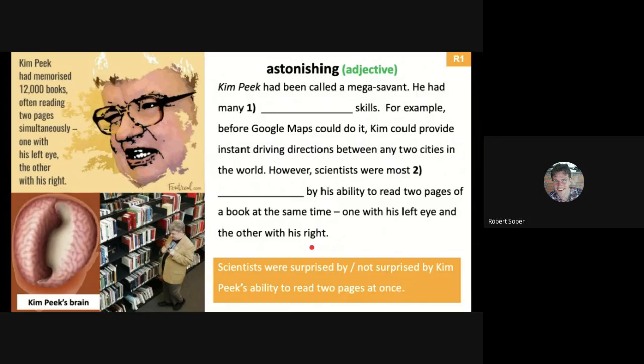Which do you think is the correct word to use? Okay, so hopefully you recognize that scientists were surprised by Kim Peek's ability to read 2 pages at once. How do we know this? Well, because they were astonished. Remember, if you're astonished, you're very surprised or amazed by something.